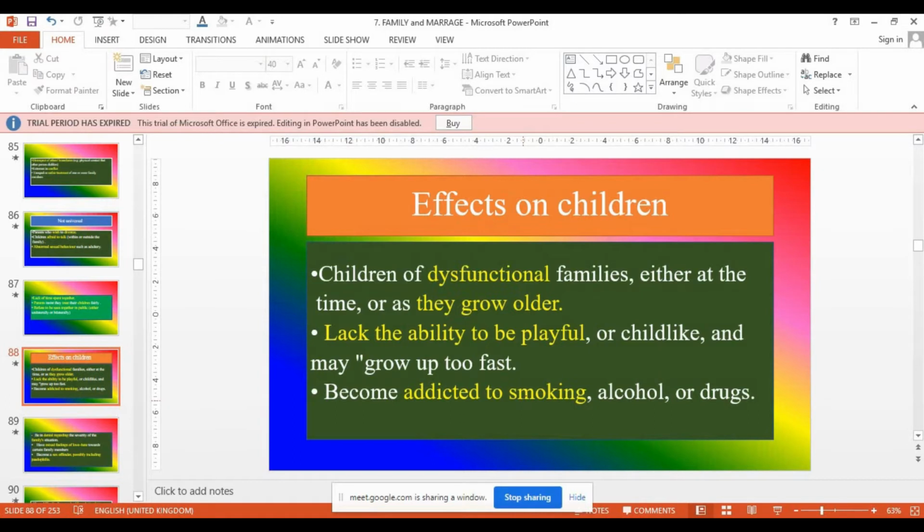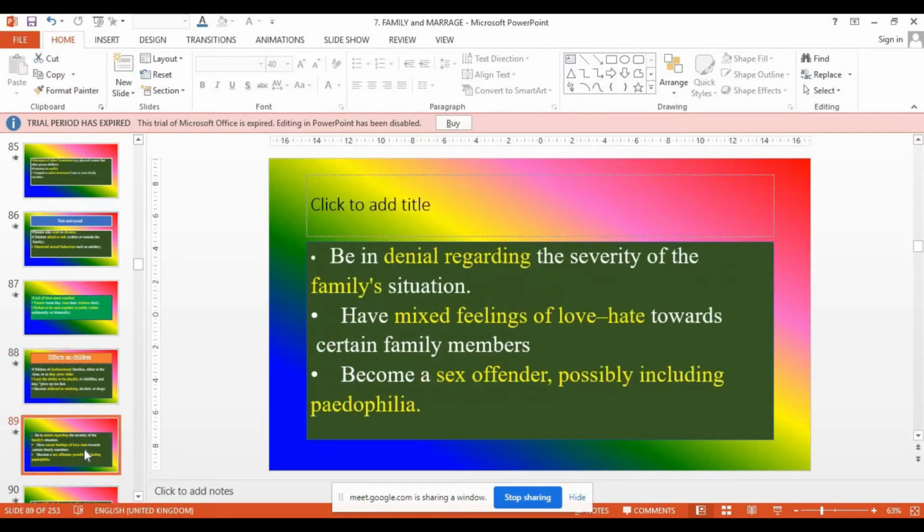So in the time of teenagers and growing, they join with bad friendship and may start bad habits, including smoking, alcohol, drugs, etc. Next, denial regarding severity of family situations.